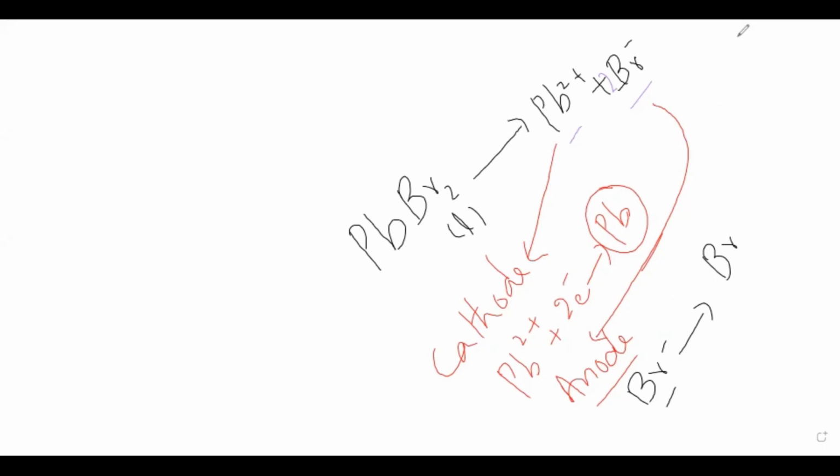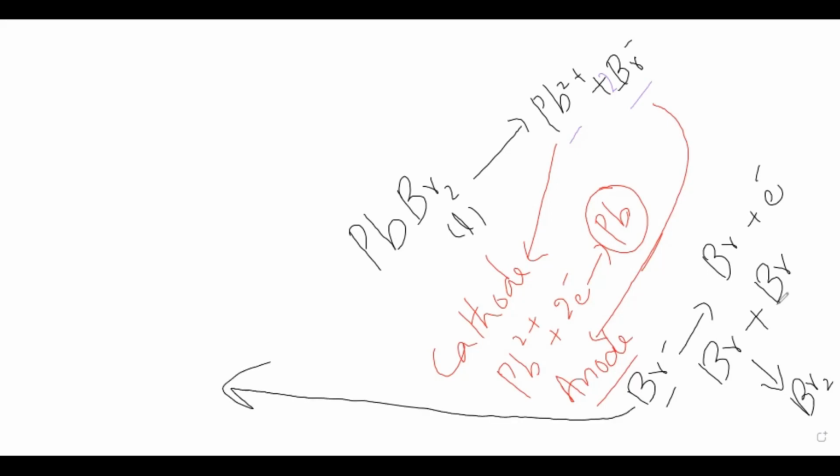A bromide ion changes into a bromine atom with the loss of an electron. But as we know, a bromine atom cannot exist as an atom, so they combine to form bromine gas, which will be released as brown fumes. So we can balance this equation, or write this equation, like this as well.